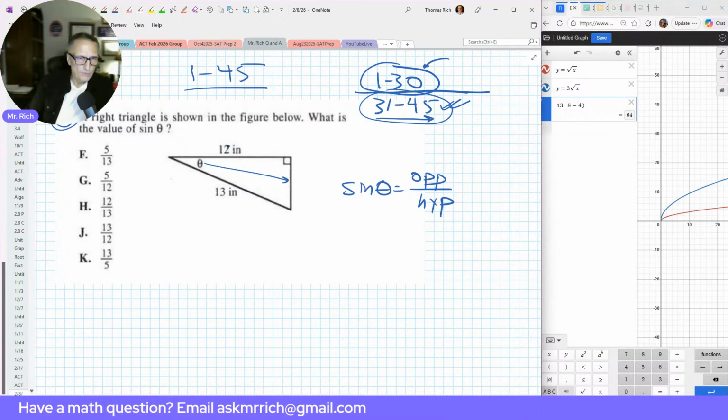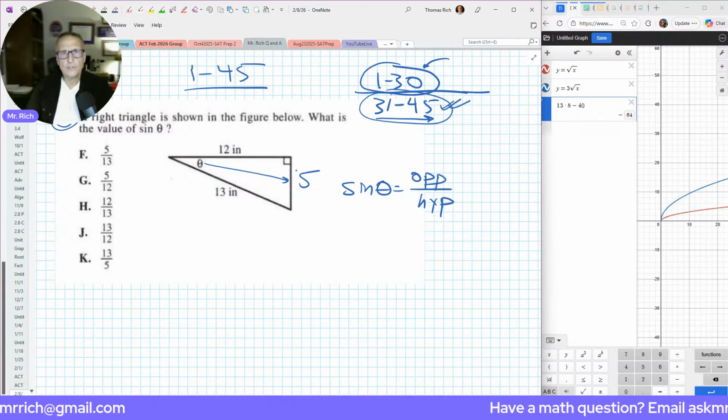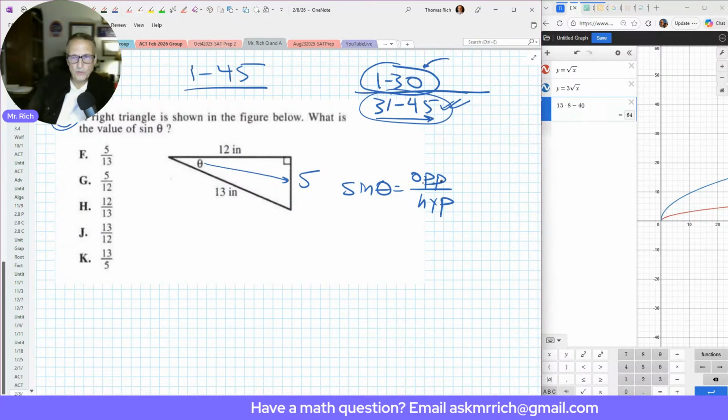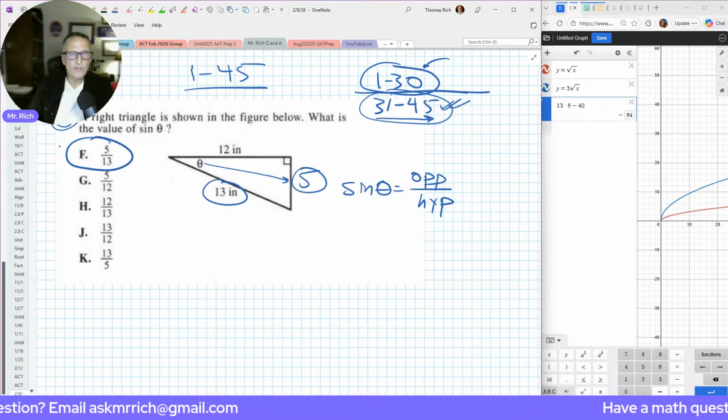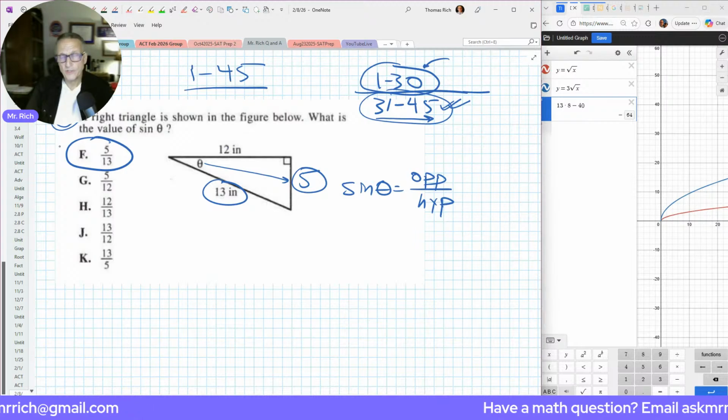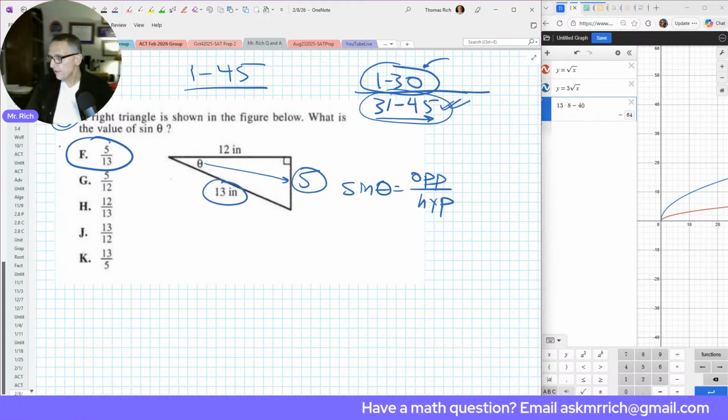Well, if you recognize this is 12 and 13, you should know that there is such a thing as a 5, 12, 13 right triangle. And so you know that this is 5 opposite over the hypotenuse 13. That is a very simple answer, a question that you should answer in relatively short order.